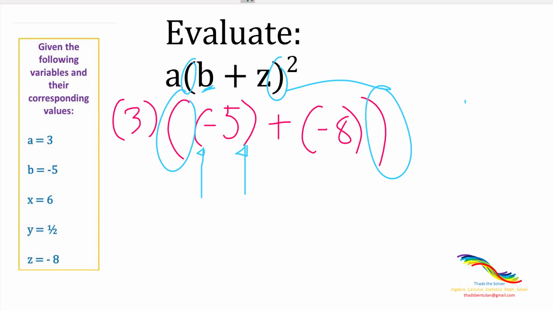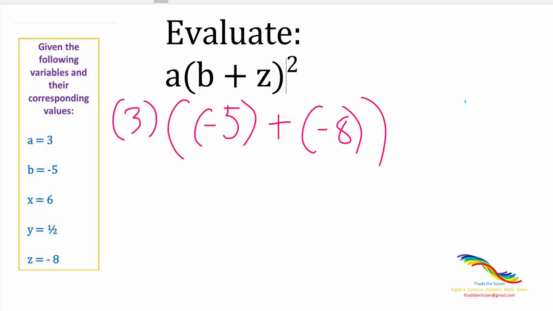It's better that when we substitute the -5, you first put it inside a parenthesis, so that it will be easy for you to evaluate. And then the z also needs its own parenthesis. So we're going to simplify these first, the -5 plus -8, before we square.